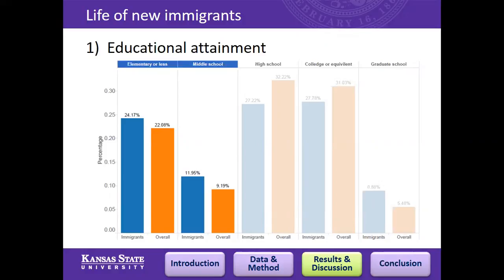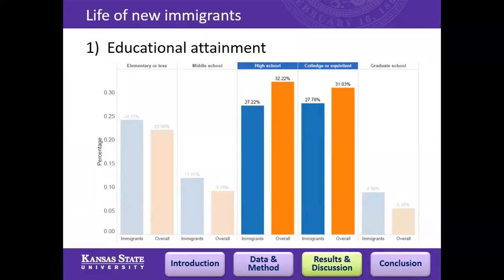than US average. This makes sense considering United States is still the top one power in the world. People from other places like Latin America, like Asia, generally, they do not have that advanced education system. So yeah, it makes sense that most people are less educated than US average.